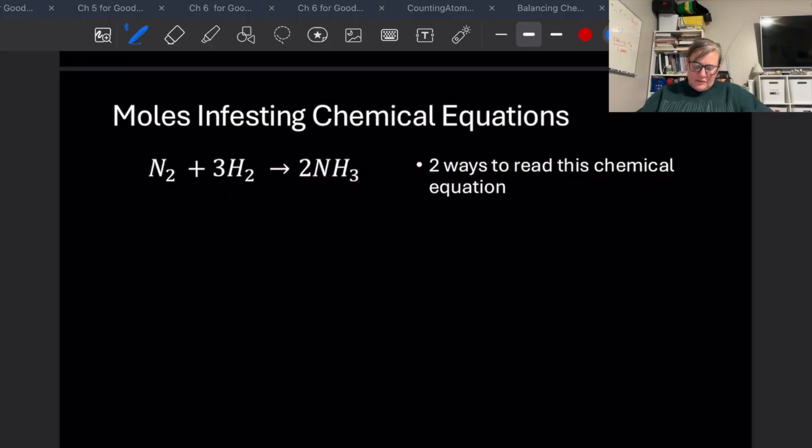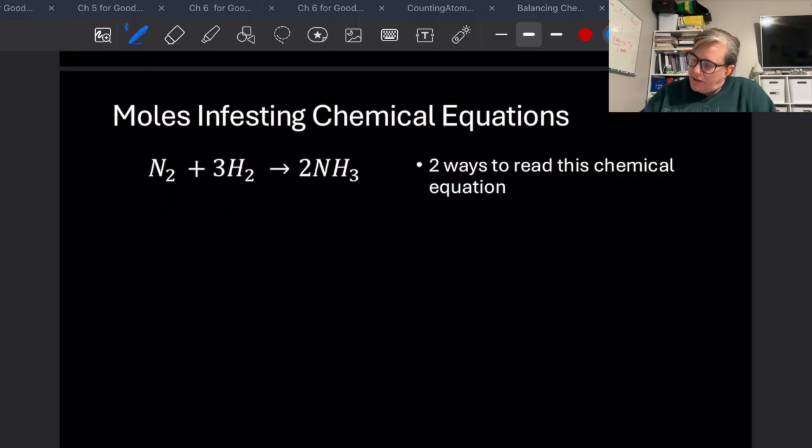Okay, so this chemical equation right here, N2 plus 3H2 yields 2NH3. We have a couple different ways we can read that. Right now, we have 2 different ways; later on we'll learn one more, but that's going to be in a future chapter.